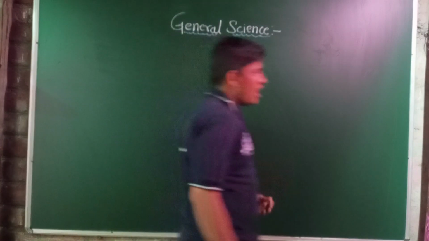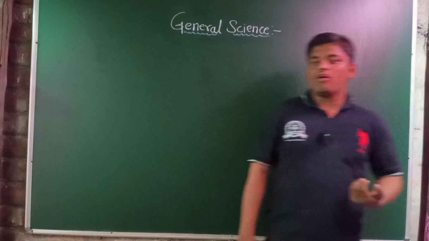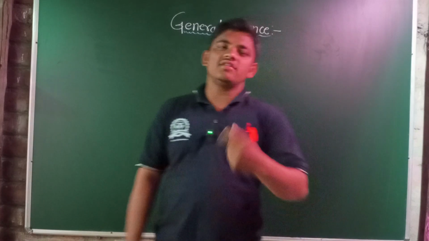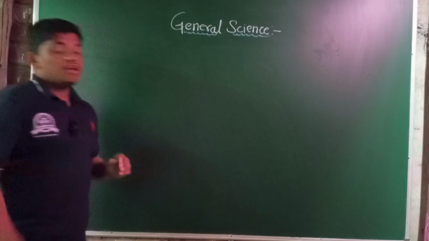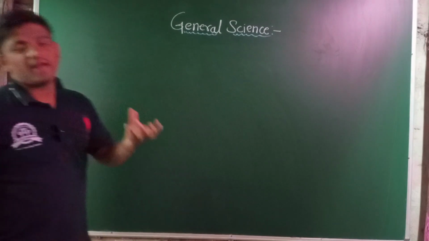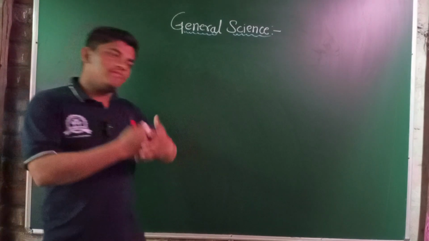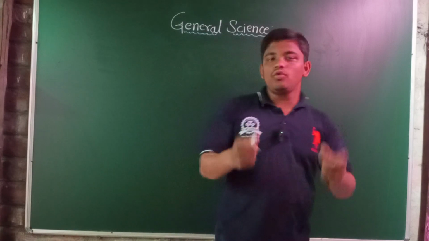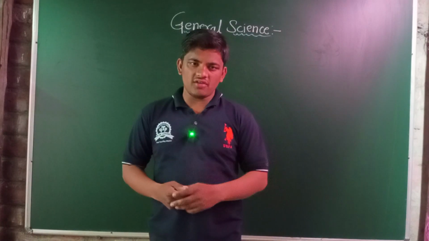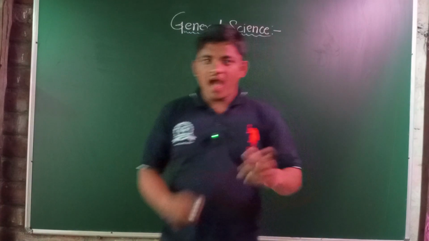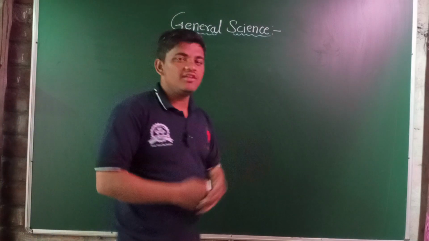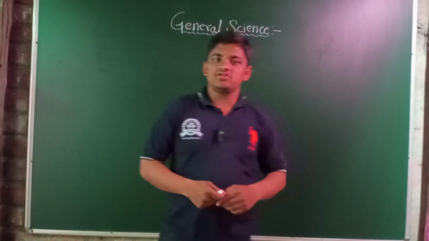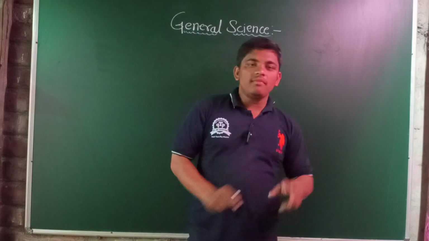After that, we discuss Newton's universal law of gravitation. At that time, we discuss the force of attraction, and what types of forces act between two objects having different masses or the same mass, placed at a distance. The force of attraction between these two objects is directly proportional to the product of their masses.